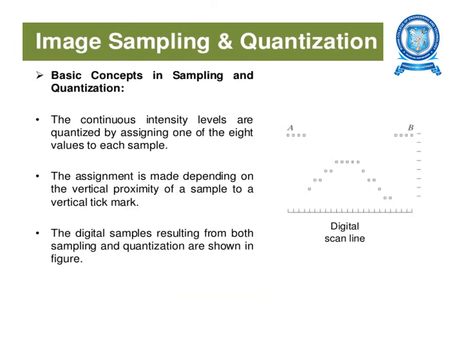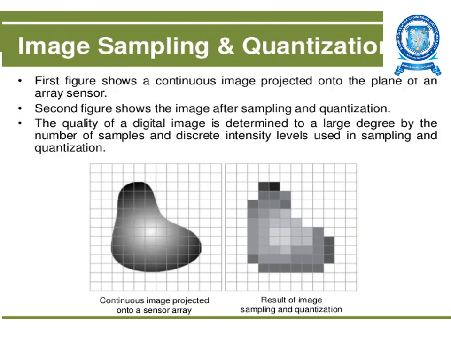The continuous intensity levels are assigned one of the 8 values for each sample, and the assignment is made depending upon the vertical proximity of the sample to a vertical tick mark. The digital sample resulting from both sampling and quantization is shown here. This is the input image, and this is the result of sampling and quantization. In the second figure you can see clearly how the image is obtained after sampling and quantization.